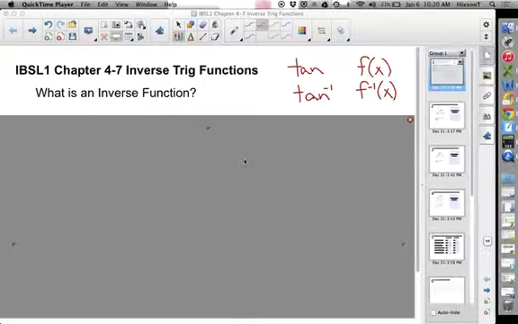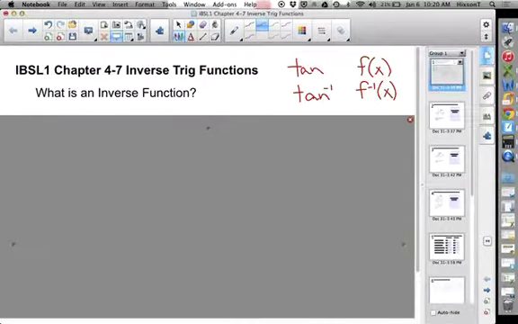If f of x equaled 3, then if I took the f inverse of 3, what would that give me? If x goes to 3, then the inverse is going to take 3 back to x.